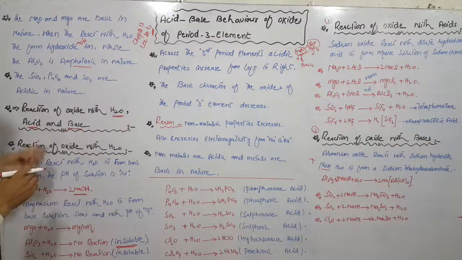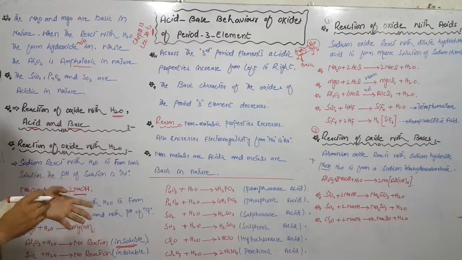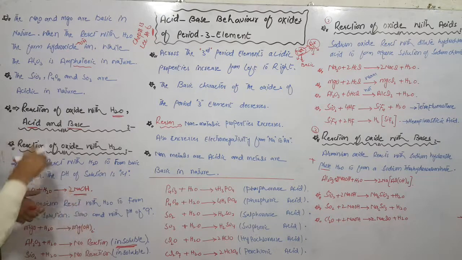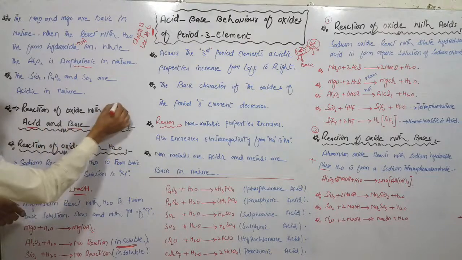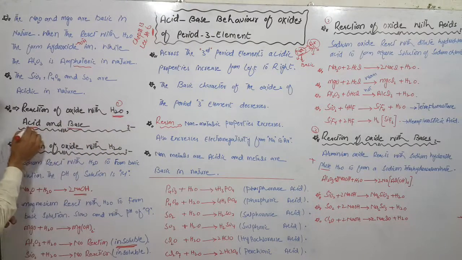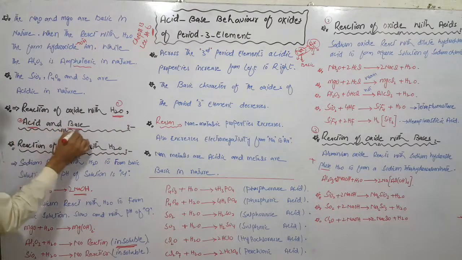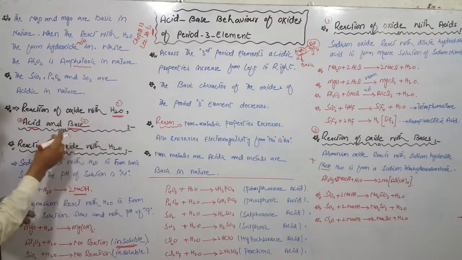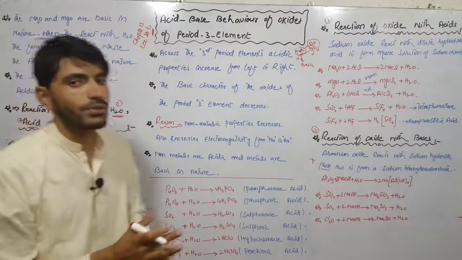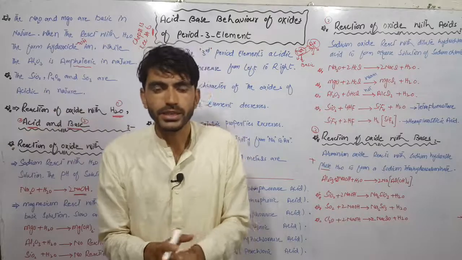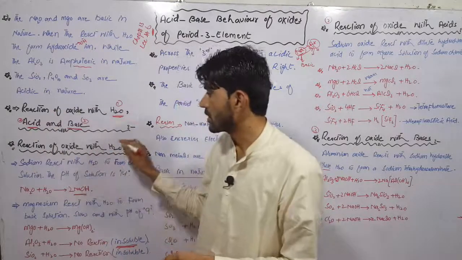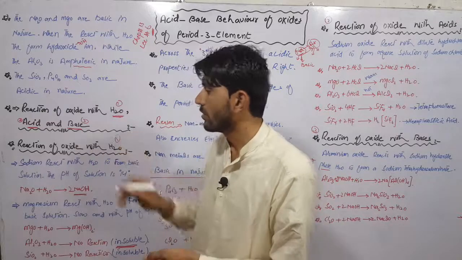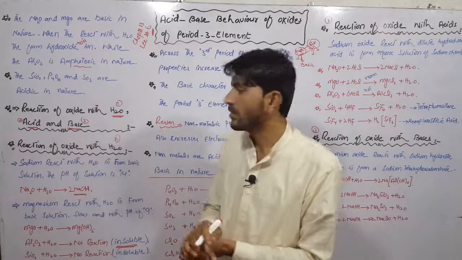Now we come to the very important topic of this lecture, the reaction of oxides with water, with acid, and with base. First, the reaction of the oxide with water.